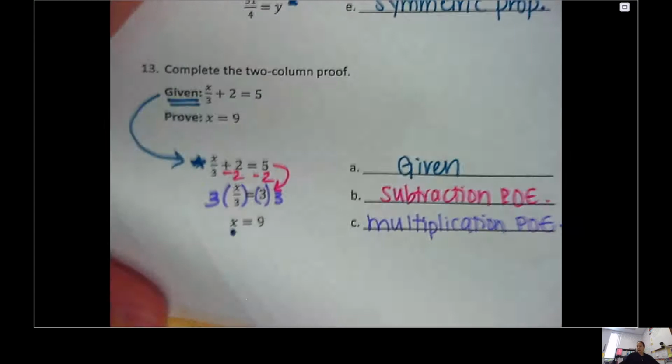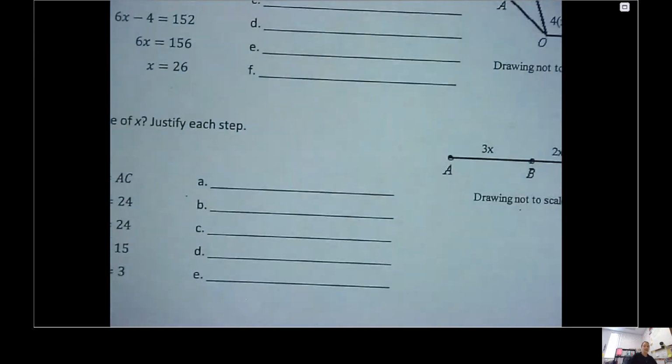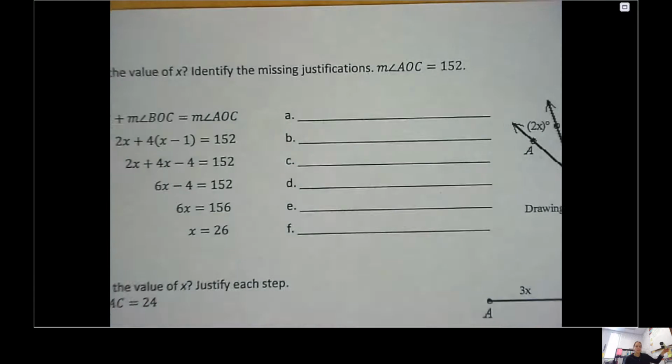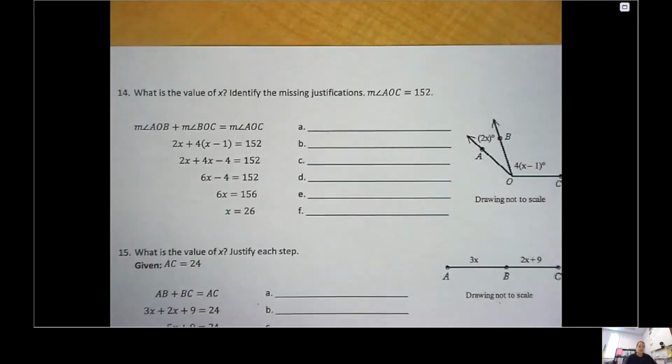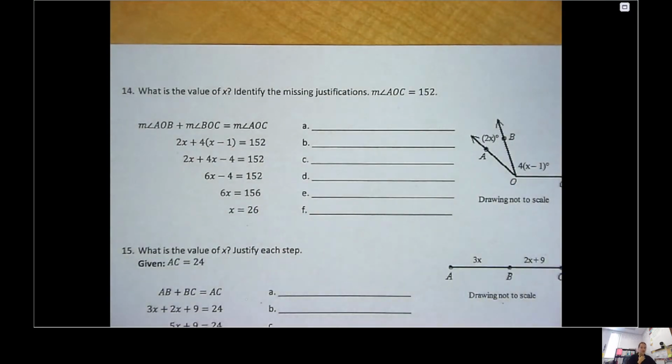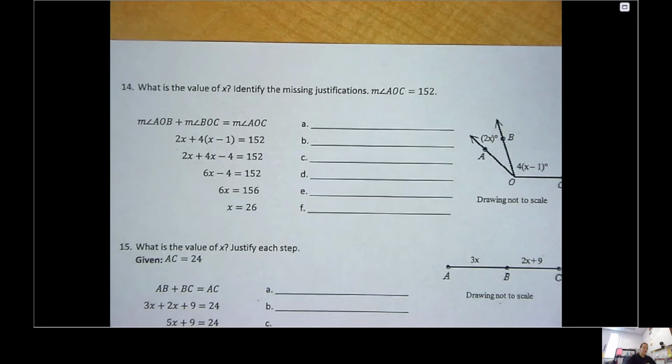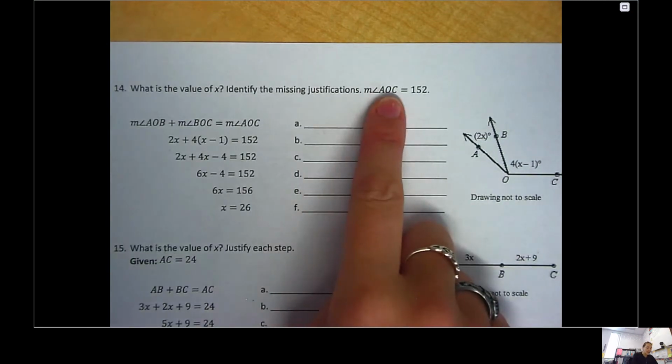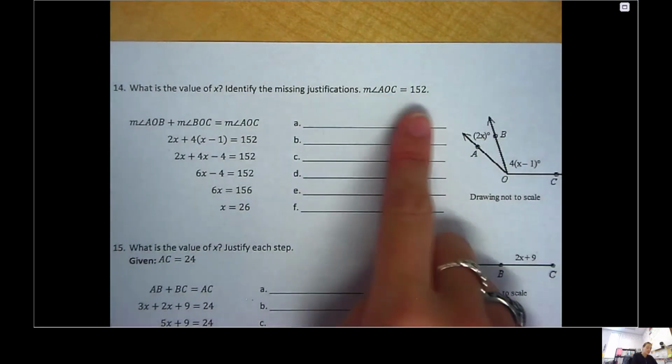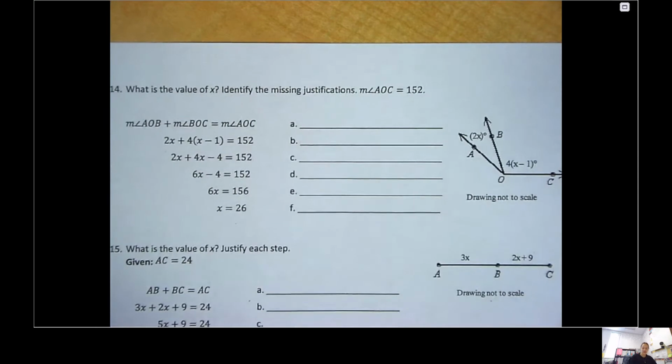Okay, last section. Number 14, again, same idea. Identify the missing justifications. Okay, so the first thing I'm giving you is that angle AOC, this whole thing, is 152 degrees.